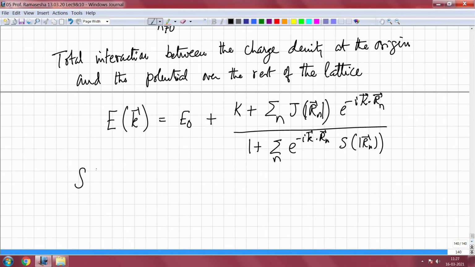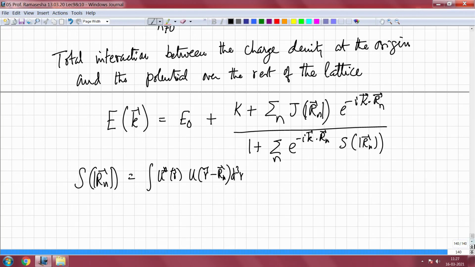Let me define S of R n as the integral of u star of r, u of r minus R n, d cubed r. So this is the overlap integral.